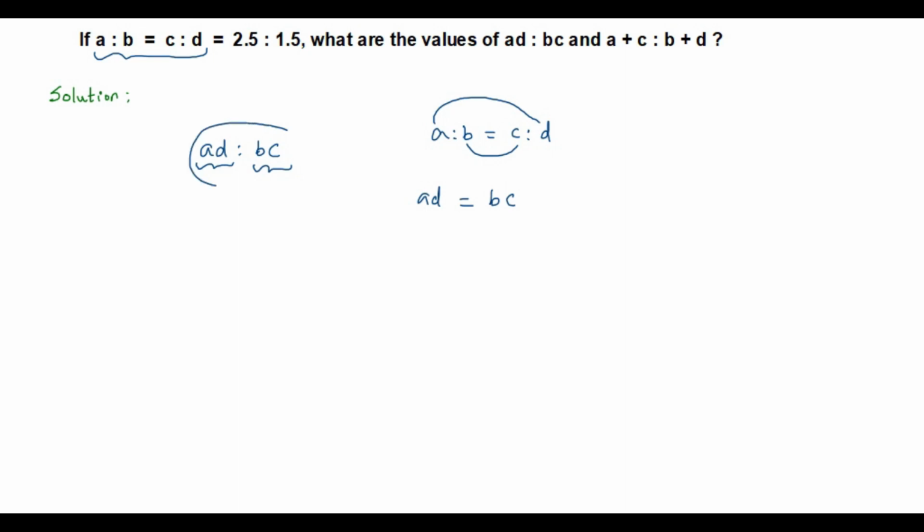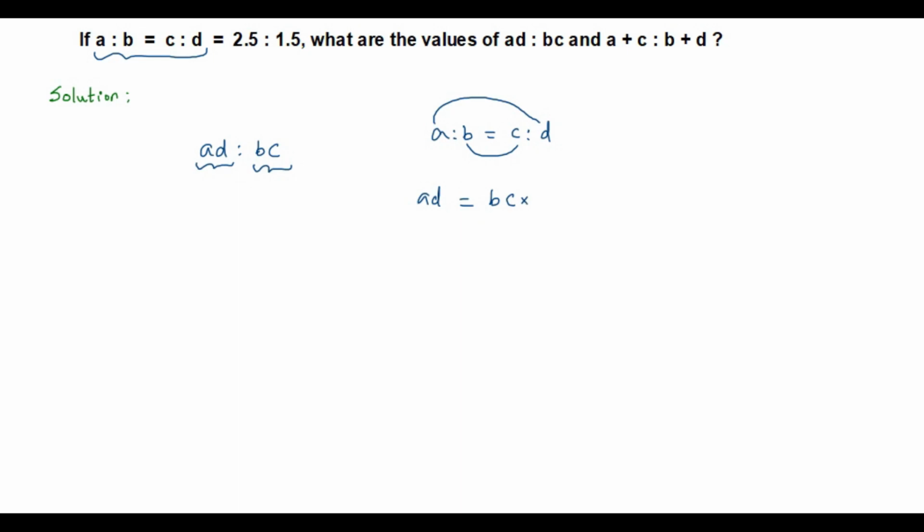When we look at the ratio AD is to BC, this is almost similar to the cross product rule AD is to BC. The only difference is here we have an equal sign, but here this is a ratio. So the same cross product rule is given as a ratio, and for that ratio we have to find the value. To find the value of this ratio, I am using the cross product rule AD is equal to BC.